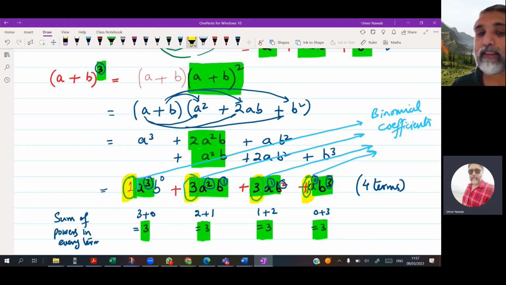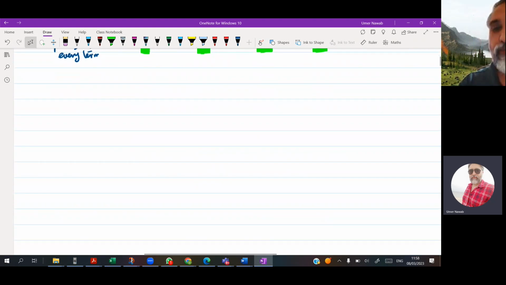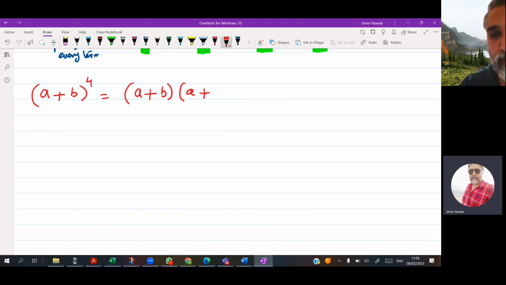Maybe I will see this case in bigger power, during the expansions. Like here, the power was 3. Let's try with a plus b whole power 4. Let's do this expansion. I will write a plus b and multiply it with a plus b whole power 3.